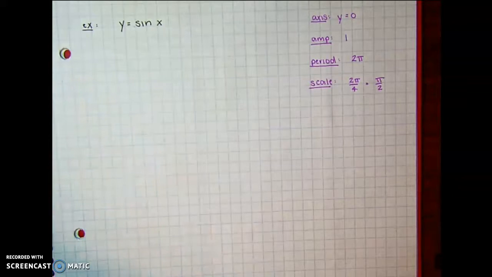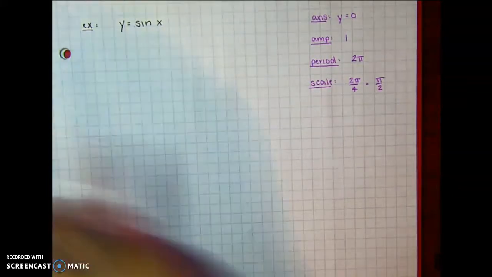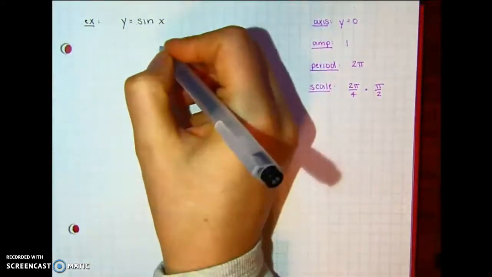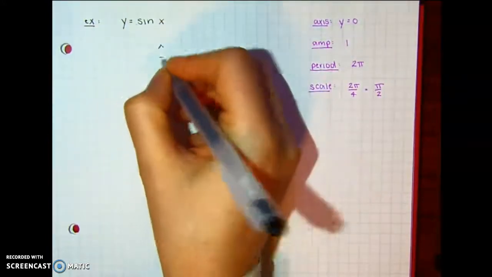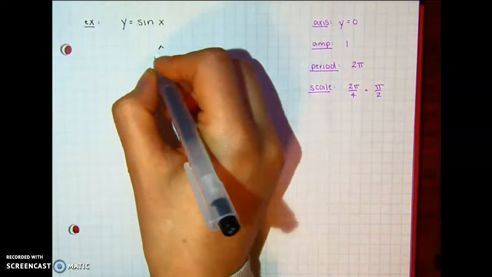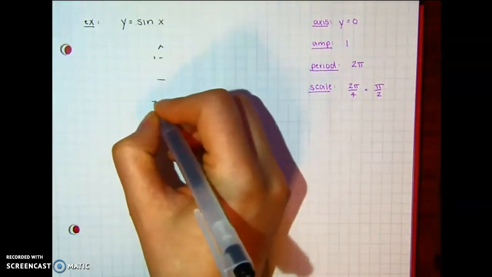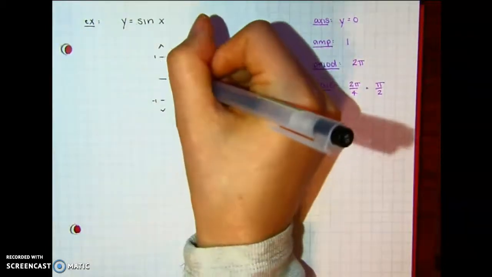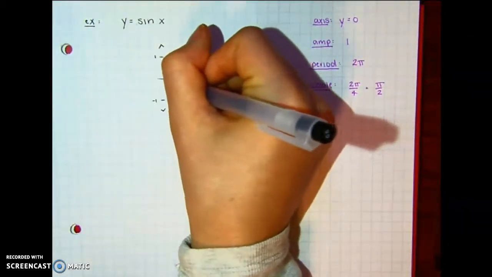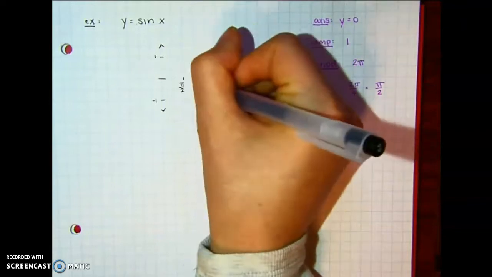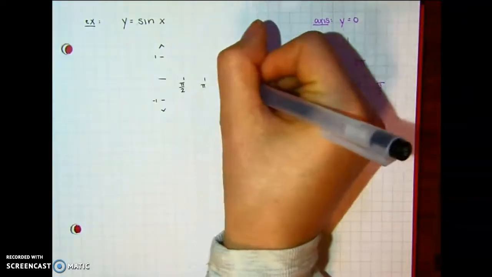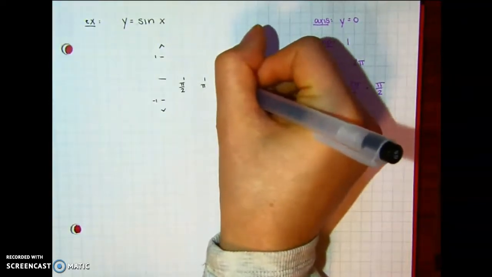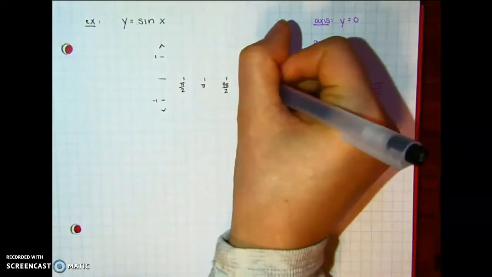Okay, so I'm going to make my coordinate plane. We're going to go up to 1 because that's how high you go in the unit circle. I'm just going to leave extra space, and down to -1. And then I'm going to have pi over 2, 2 pi over 2, just pi, 3 pi over 2, and 4 pi over 2.